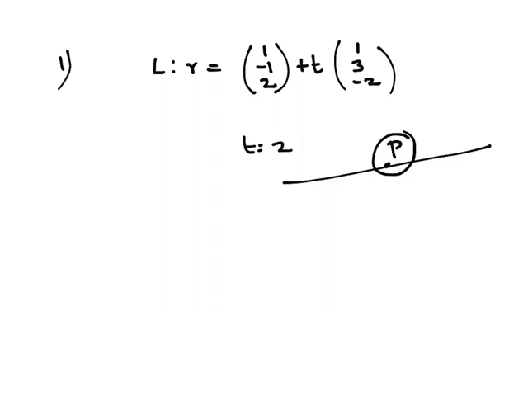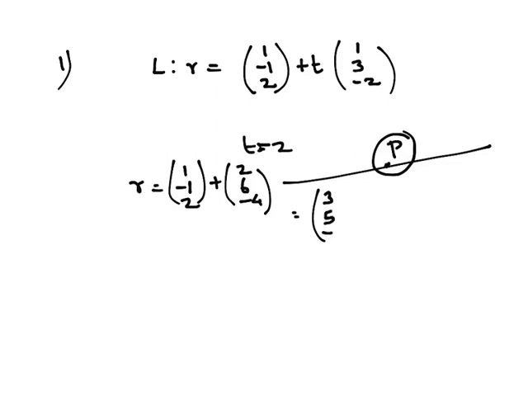Now when t is 2, you get the point P. So substitute t as 2, you get r equal to 1, minus 1, 2 plus, when you put t as 2 and multiply, you'll get 2, 6 and minus 4. So you'll get 3, 5 and minus 2.